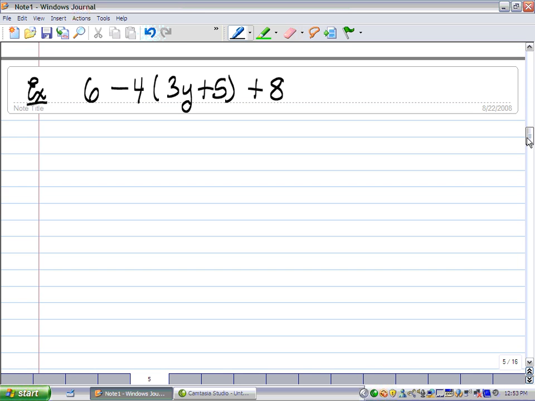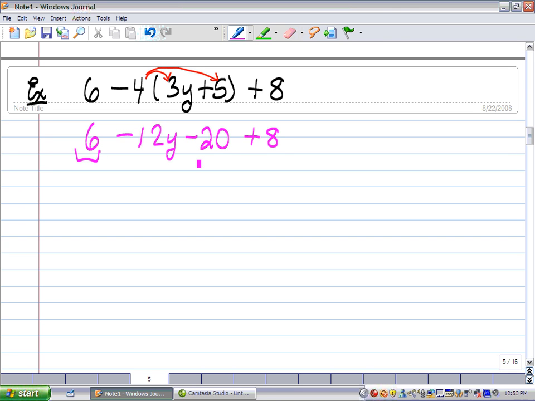Okay, what's going to get distributed here is going to be the negative 4. So when I distribute, I'm going to get negative 4 times 3, which is negative 12y, and negative 4 times 5, which is negative 20. The 8 is not affected.